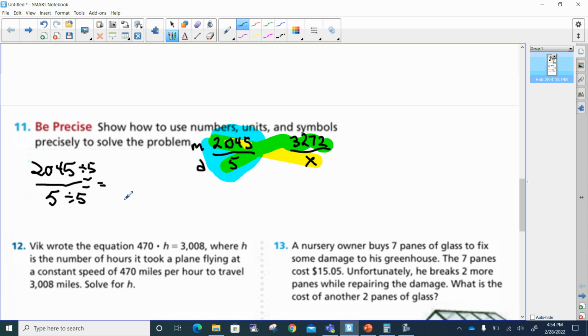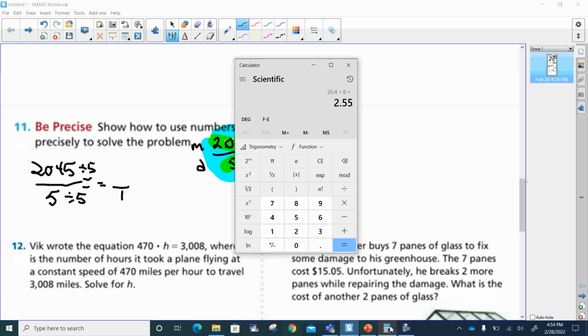And 5 divided by 5 is 1. That tells us what 1 is. Now we have to take 2,045 and divide it by 5 to get us our unit rate of 409 miles.